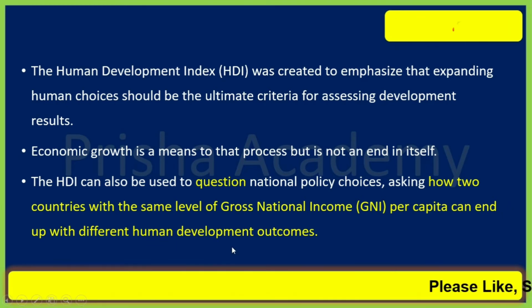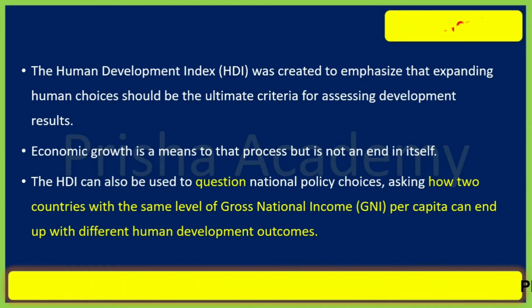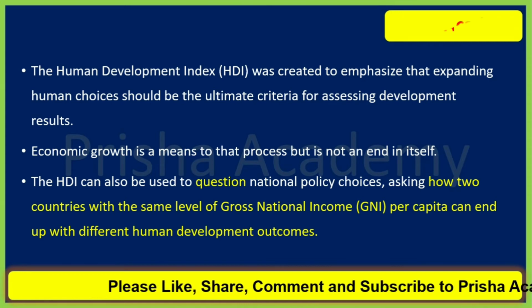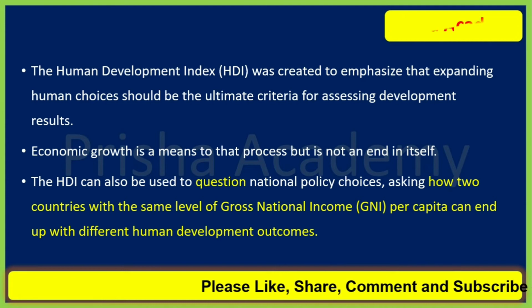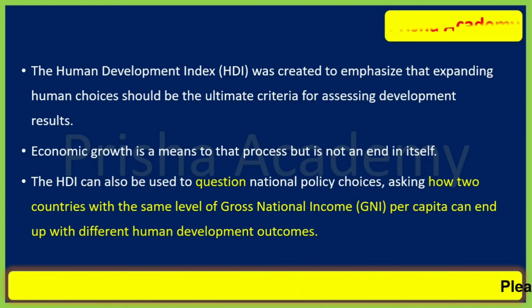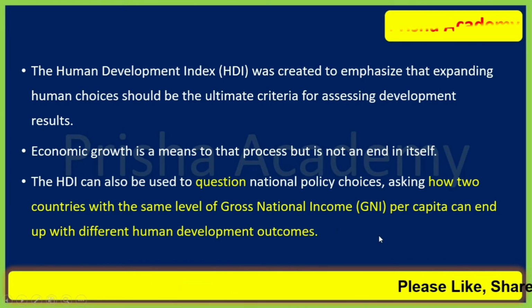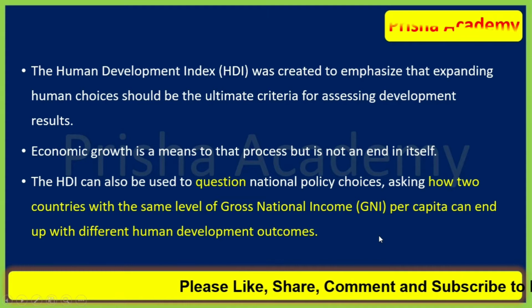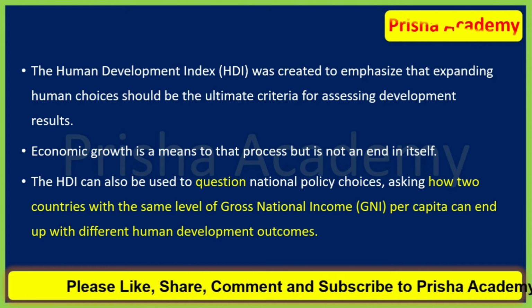If one country is at a higher level in the HDI index and the other at a lower level, people can question the country with the lower HDI that why, despite having similar gross national income, that particular country falls in HDI. And the people will raise questions on the national policy of that particular country.